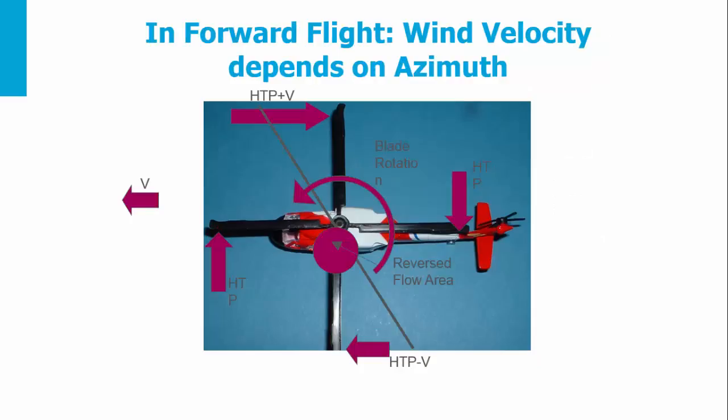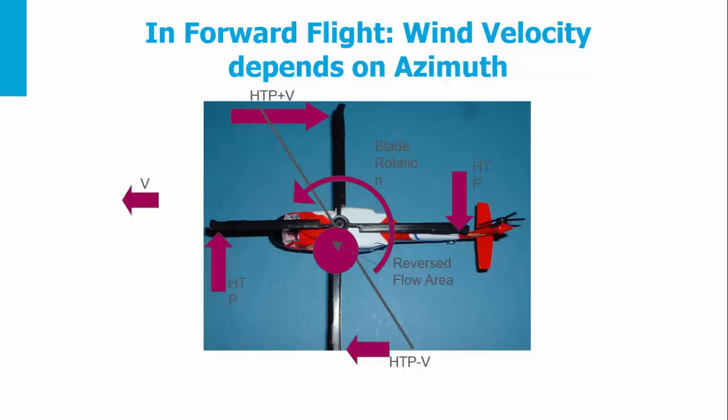Well, in forward flight, the velocity depends on the azimuth of the blade. If the helicopter is moving forward at a velocity v, at the back of the helicopter, at the rotor tip, the speed would be the hover tip speed.